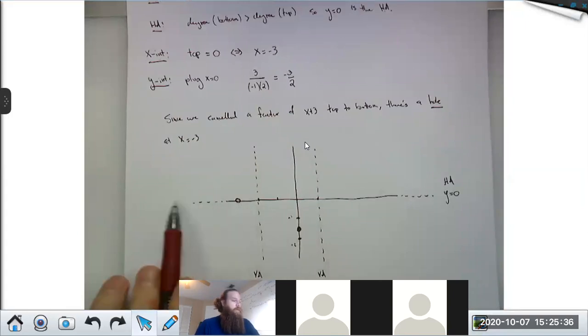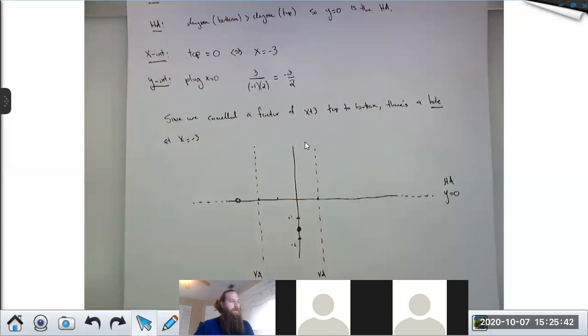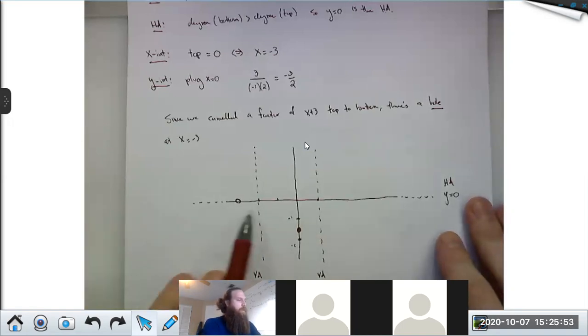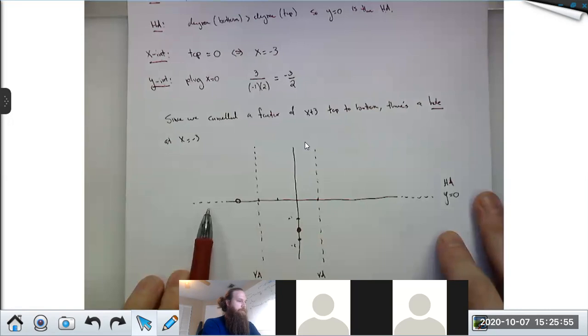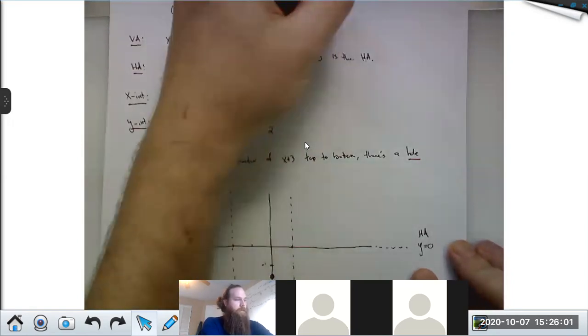This isn't a whole lot to get started with. I know that I need to approach these horizontal asymptotes, and I know I need to blow up to infinity at these vertical asymptotes to get a little bit of a feel for what's going on in each of these regions. I'll plug in an x value. So maybe over here to the left of negative 3, I could plug in negative 5. I'll do the work up here.